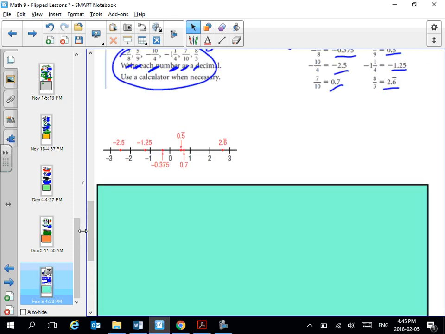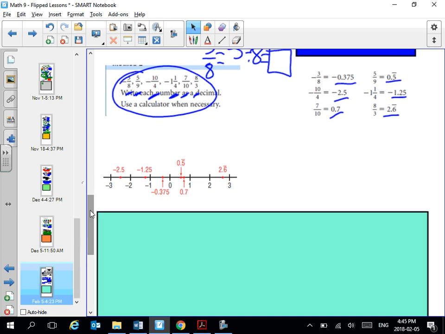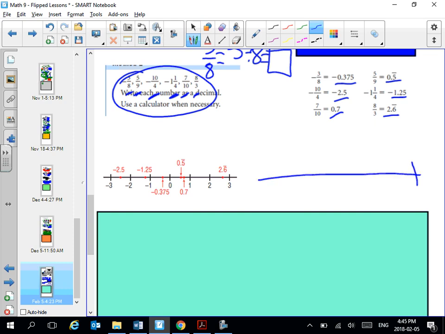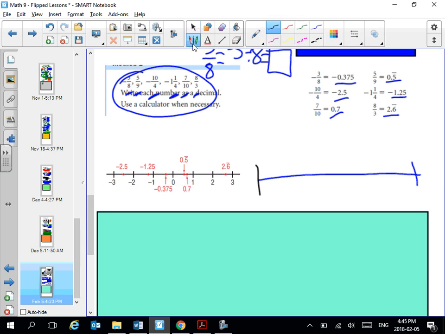Okay? So I'm looking at this now, and I know that negative 3 over 8 is negative 0.375. Okay? So it's going in between 0 and negative 1.